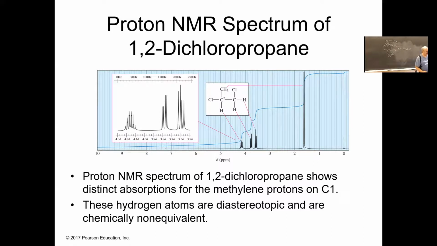And here is the NMR spectrum of 1,2-dichloropropane. The methyl group has just one neighbor, so it's split into a doublet.